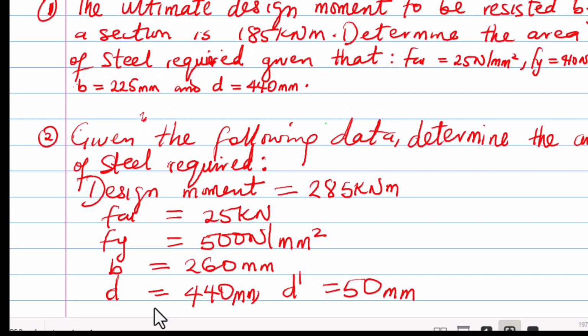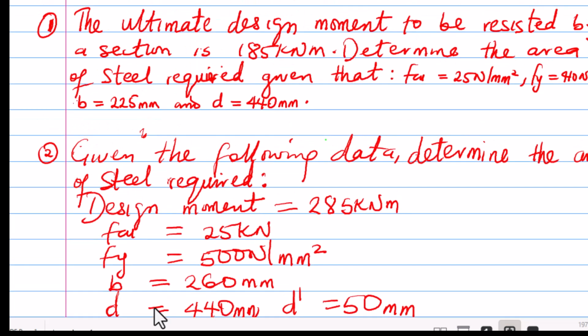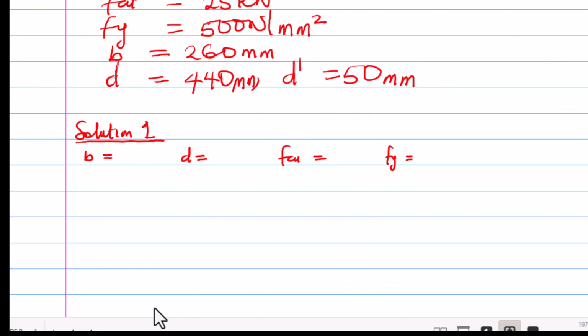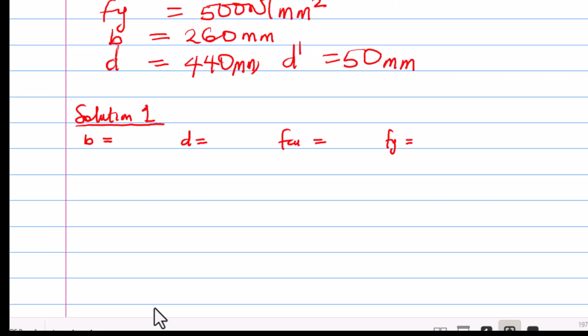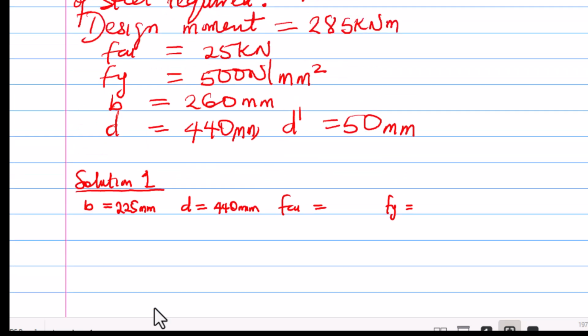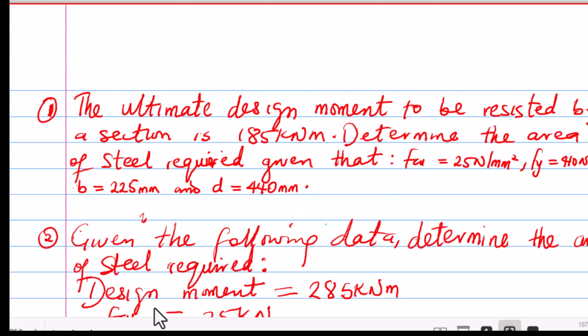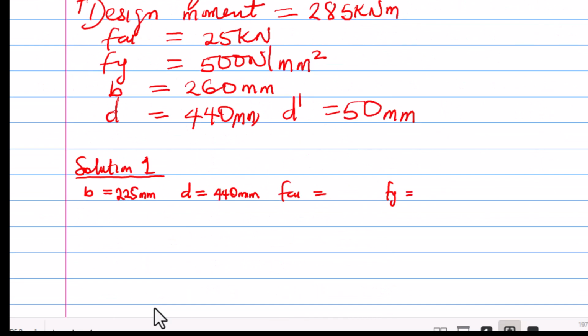So let's quickly substitute that. B is 225 by 440, this is 225 mm by 440 mm. Fy and FCU, 25 and 410. This is 25 Newton per mm squared and 410 Newton per mm squared.